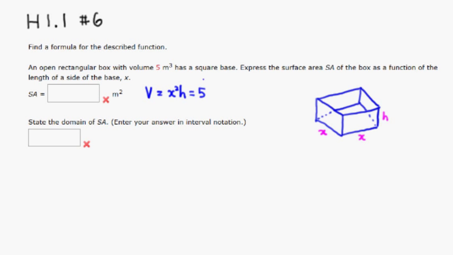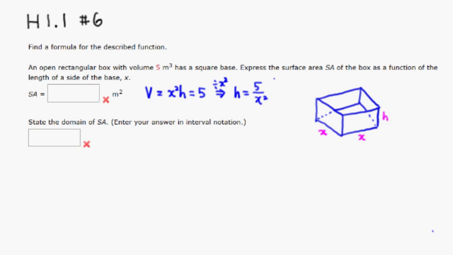I'm going to solve this equation for h by dividing through by x squared. You would have h is equal to 5 over x squared.